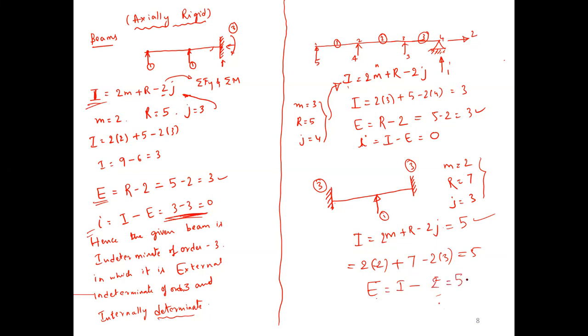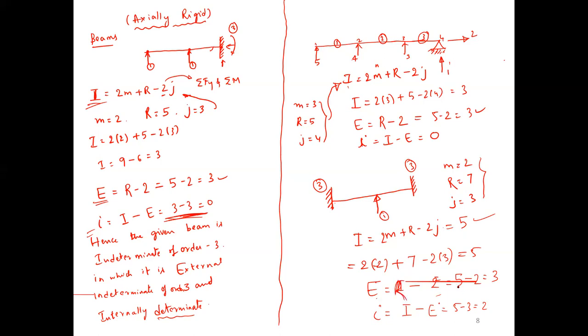Yes, 5 minus 2 is 3. Very good. So I equals total minus E. So 5 minus 3 is 2. Yes, in this problem the structure is both internally as well as externally indeterminate.